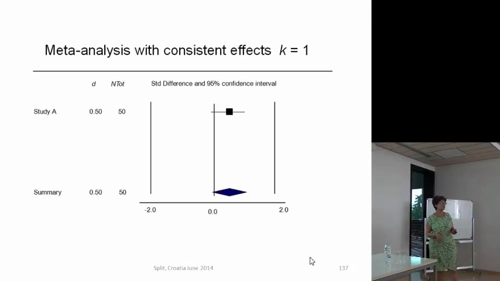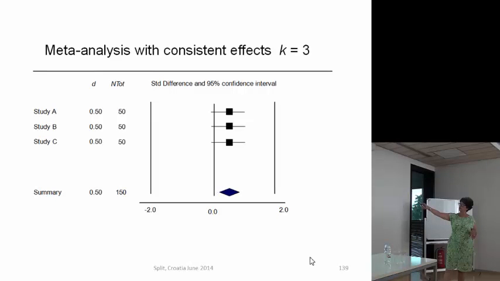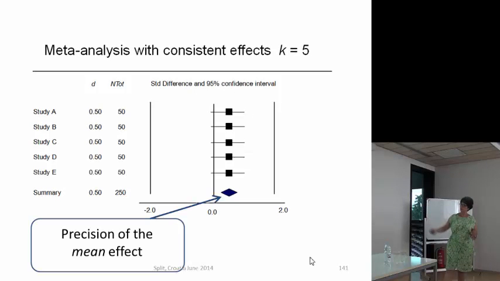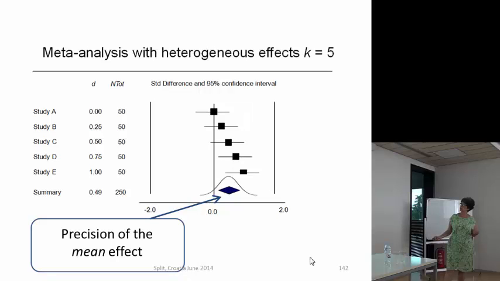Okay, maybe for those of you who still are puzzled, maybe this will be a better way of explaining the difference between the one true effect and a family of different effects. If you remember, when there was a consistent effect, all we did was affect the precision of the mean effect, and it got smaller and smaller.